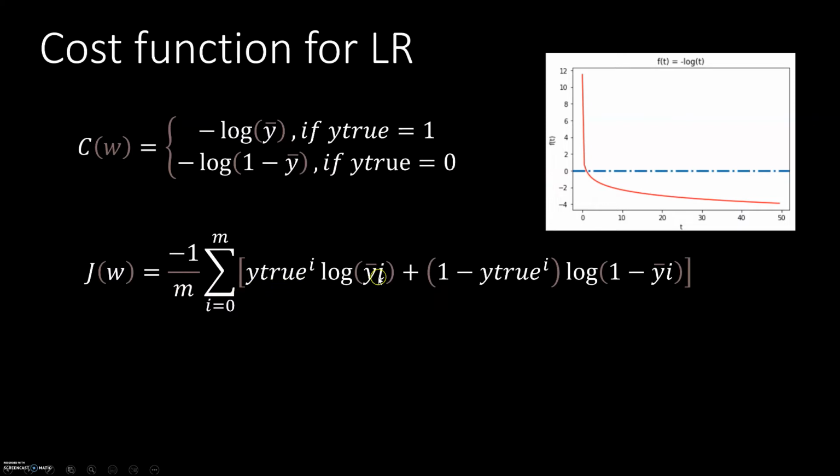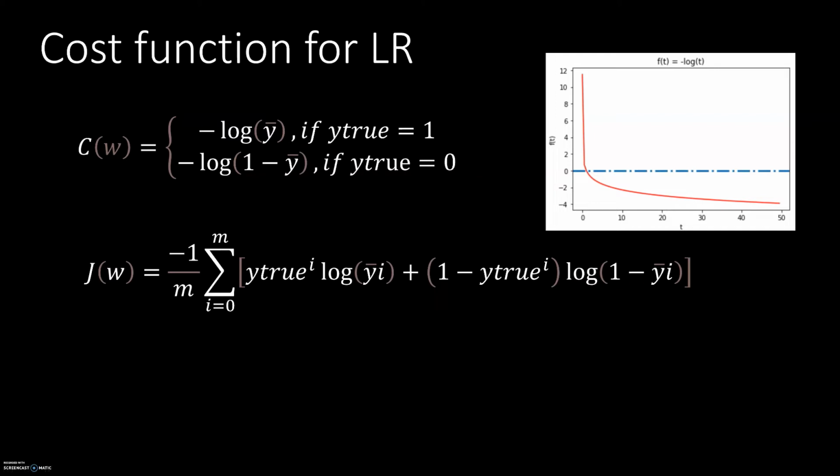This equation is exactly the same as the equation here, except that we have compressed it by putting a plus sign, and then we do this for m number of samples. So these two equations are exactly the same, except that this one is just for one sample and this is for m samples.